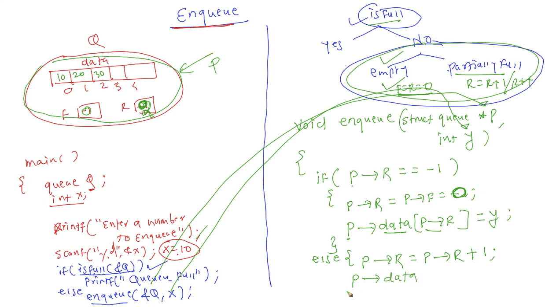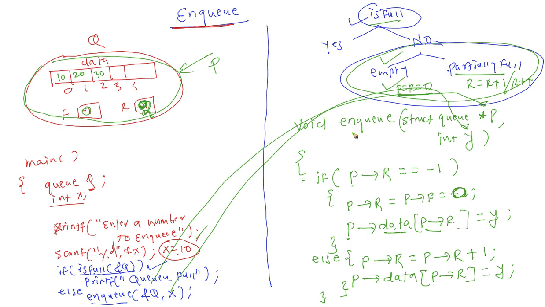In order to access the data array, you have to go through p because this data array is inside this structure. So p arrow data of, in which location? The r location. I want to get the value of r. So p arrow r equal to y, right?